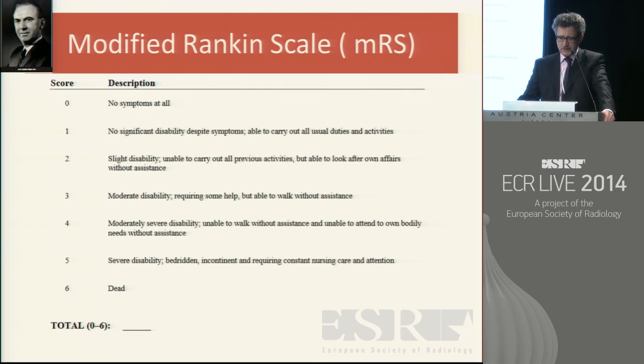A Rankin scale of 0 to 2 means the patient is more or less capable of living his own life without major help. So 0 to 2 is regarded as an excellent or good outcome after stroke, while 3 and 4 patients are quite disabled, 5 severely disabled, and 6 is death.